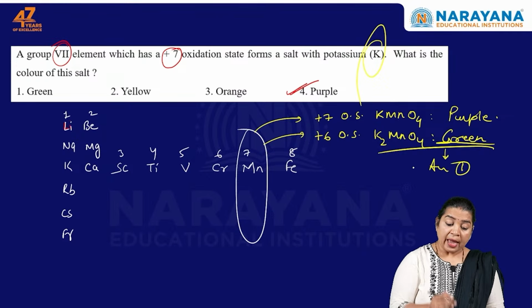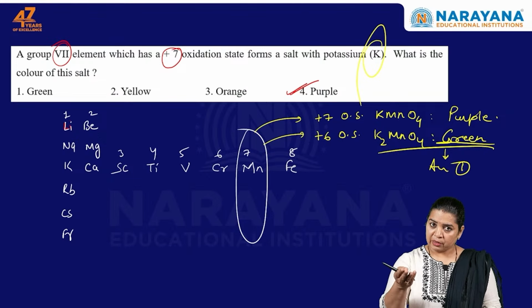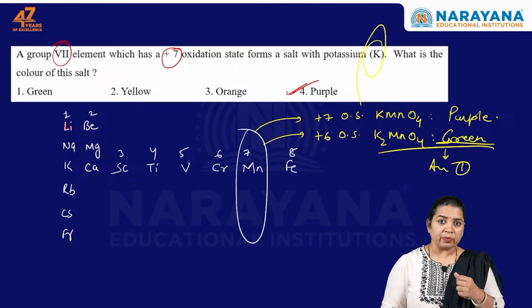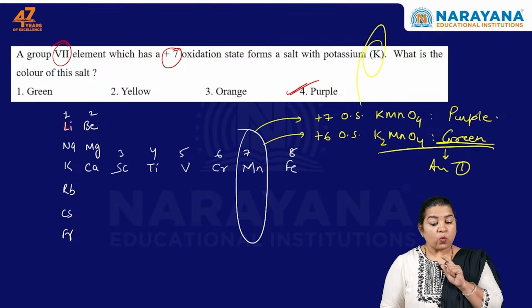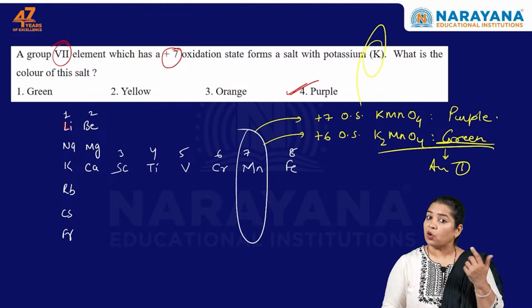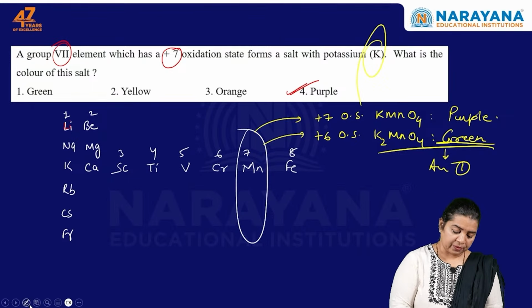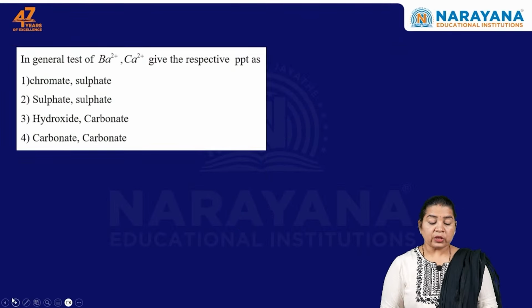So, based on what actually appeared in your paper, in our chat group, kindly comment and tell what the right answer is. Was it +6 which was asked in the question, or was it +7? If +7, answer is 4. If +6, answer is green. Okay? Moving to the next question.